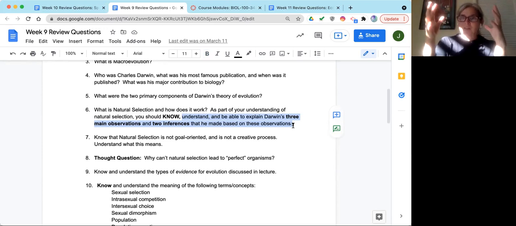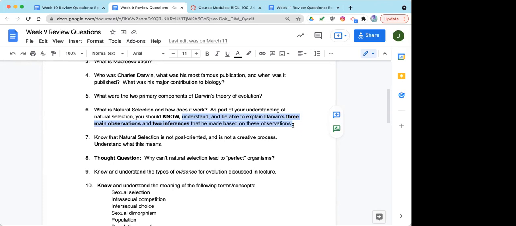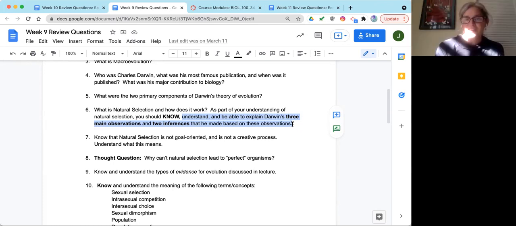And within that population, there's variation for a certain trait, and that variation has to have a genetic basis to it. So imagine this population where you have rabbits, and the rabbits are all the same species, but some rabbits have darker fur, some rabbits have lighter fur, and there's a range of variation in between. So genetic variation in a population, that's the first observation.